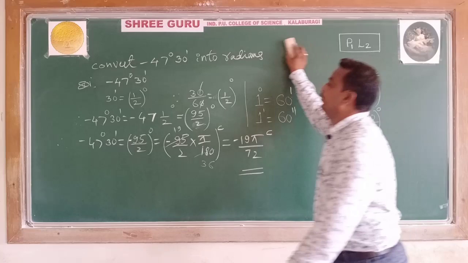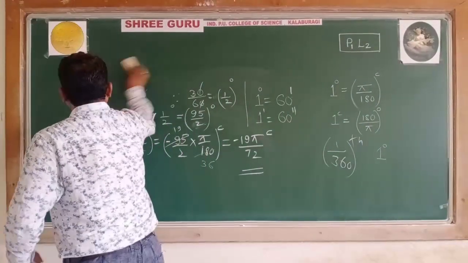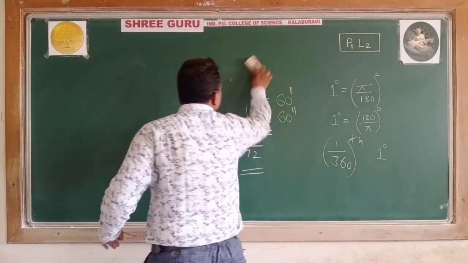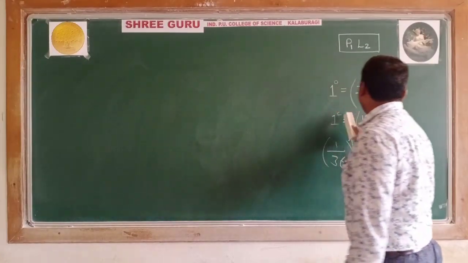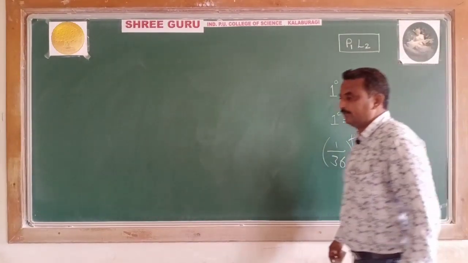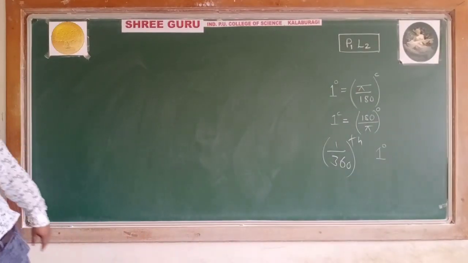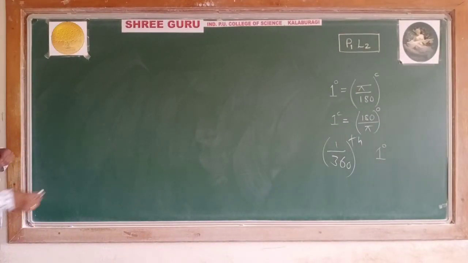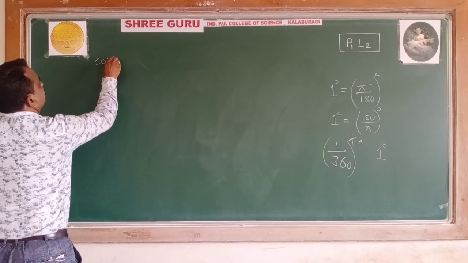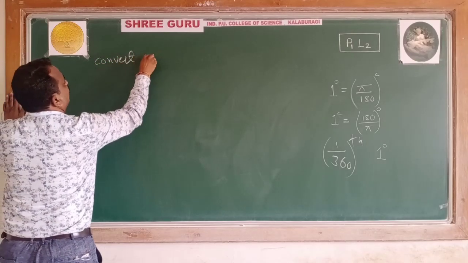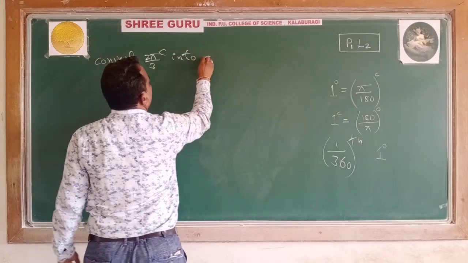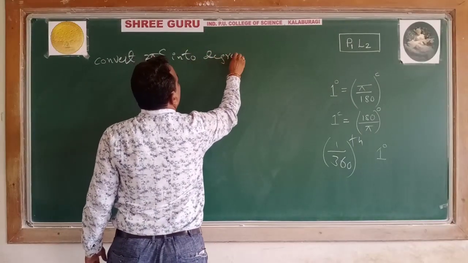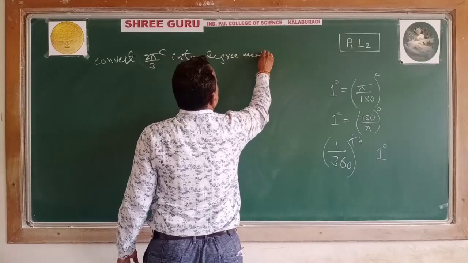Now I will go to radian to degree measure. Let us see a sum on radian to degree measure. Convert 2 pi by 3 radian into degree measure.